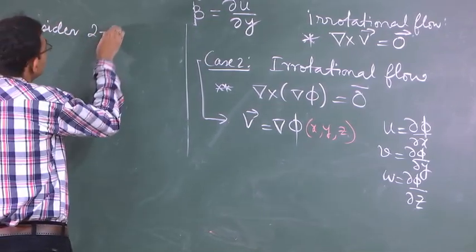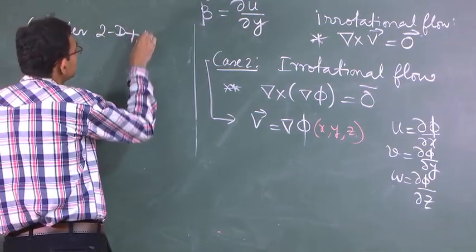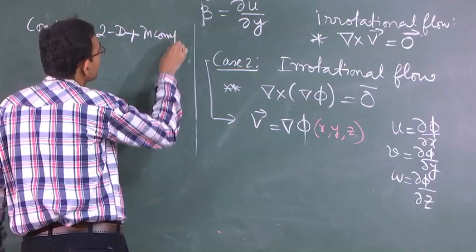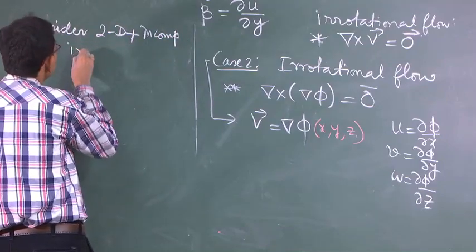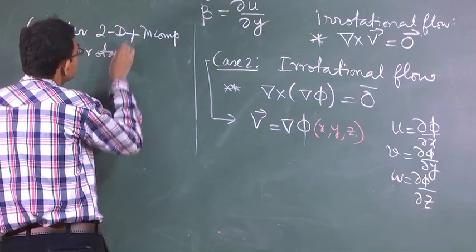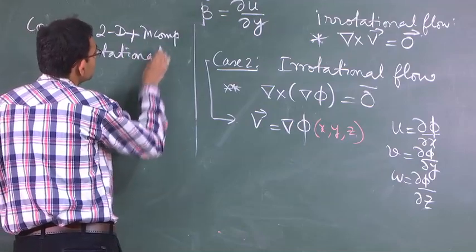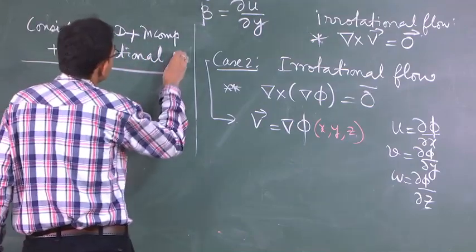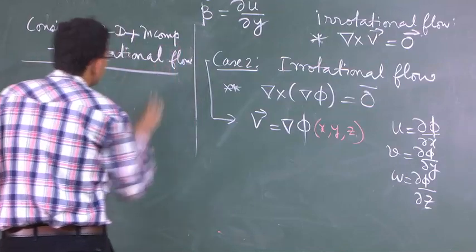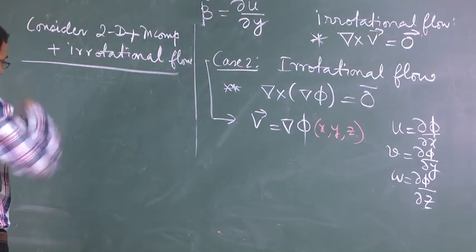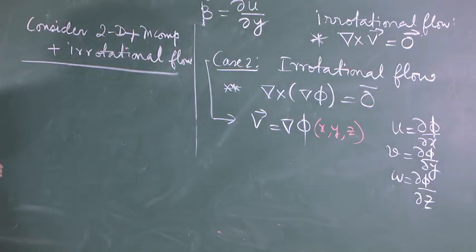Consider 2-dimensional plus incompressible plus irrotational flow. Then both phi and psi are defined.